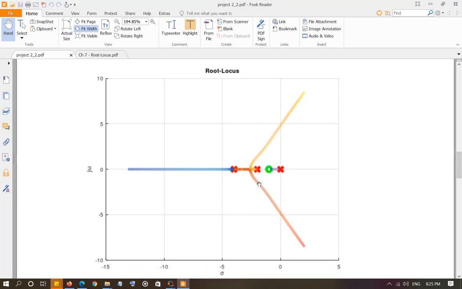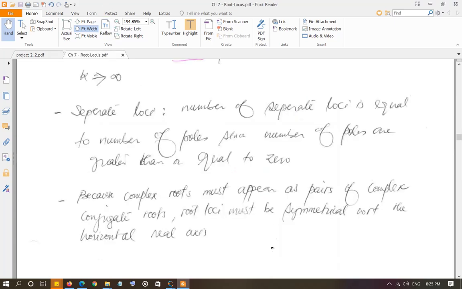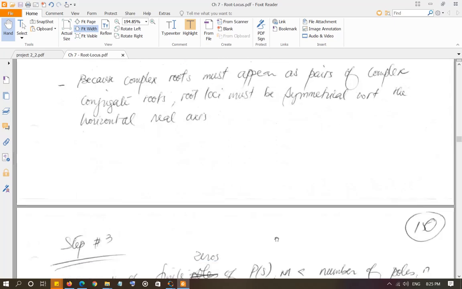And see how many sections of root locus are here. There's one section blue, one section light yellow, one section dark yellow or orangish, and the last section is blue. And we have 4 poles, 1, 2, and there is a double pole over here. So the number of separate root loci sections is equal to the number of poles.